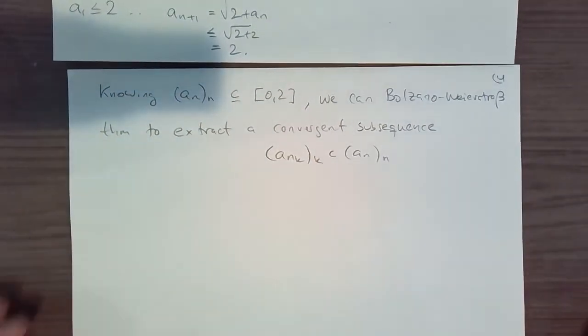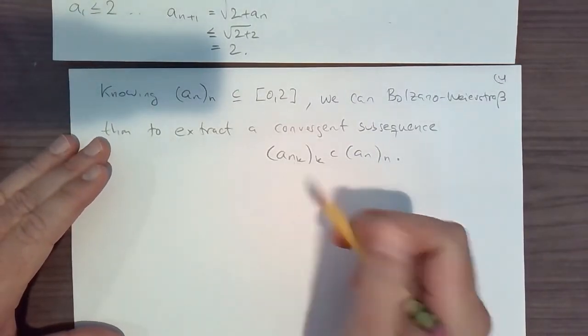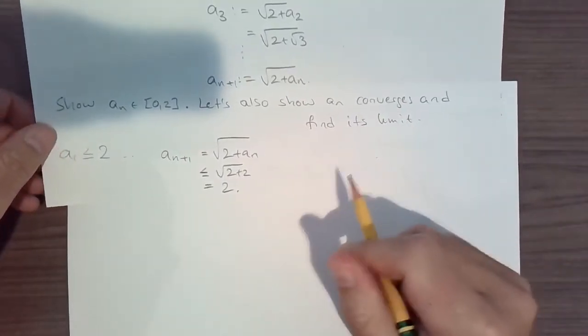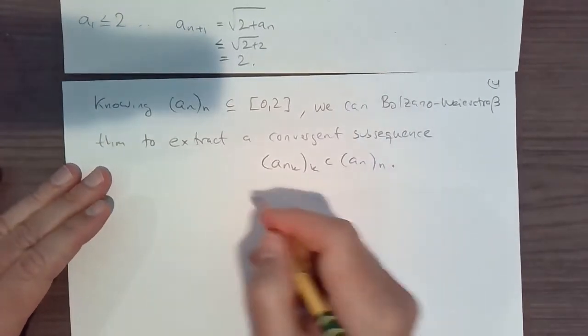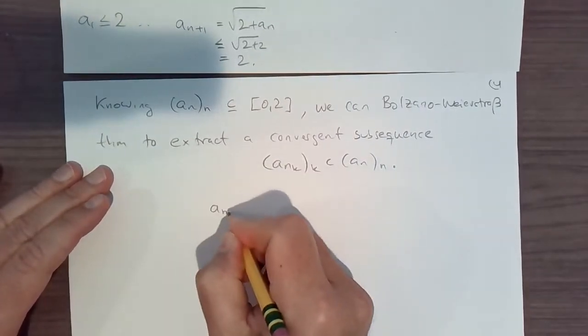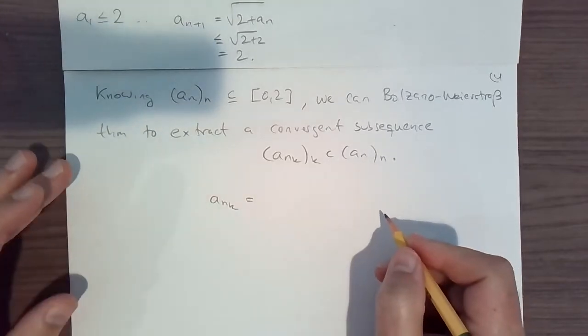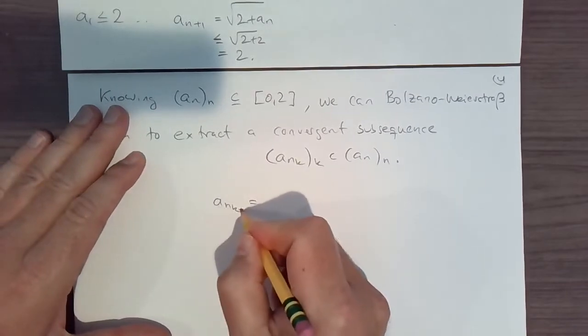Okay, so one thing one could get out of this is the limit up here, right? We could start guessing what this limit would be. Now we know we have a convergent subsequence, so if I use the recursive formula, A_{n_k} is going to be equal to A_{n_k + 1}.